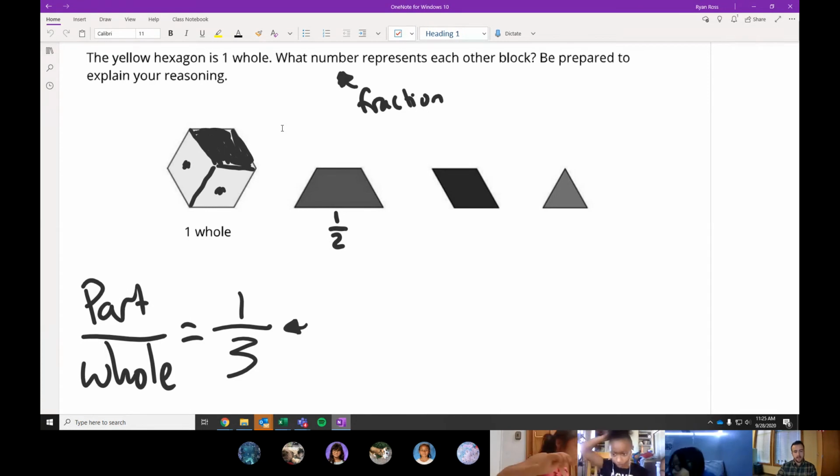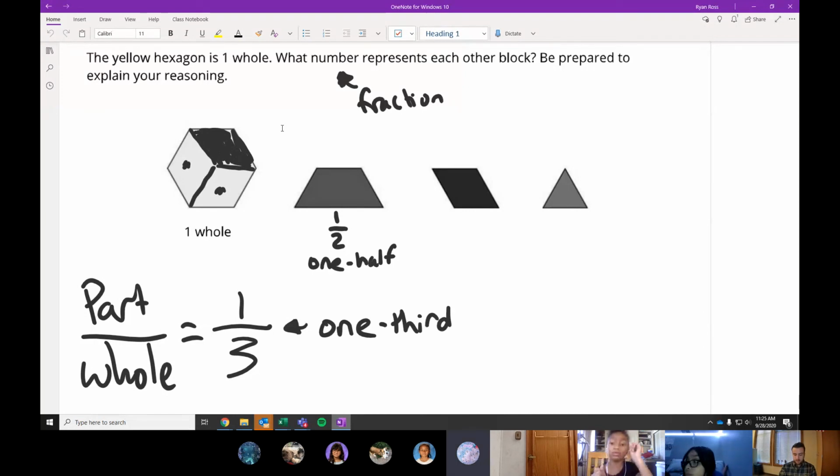I just wanted to know, how do I say this 1/3 as a fraction? We said that this one up here is 1/2. 1 part and 3 wholes. Yep, so 1 part and 3 wholes. We could say that this is 1/3. Does that sound familiar?